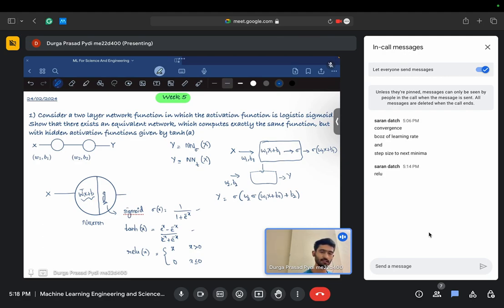This is clear, right? Are there any queries in this? So how am I writing this? You have x, you have the weights, you multiply with it, and then I pass it through the sigmoid function. That is your component here. This is the first neuron. Once you pass through it, you again multiply with the second network weights w2 and b2, and then you finally get your y.